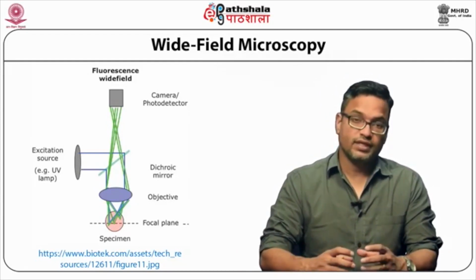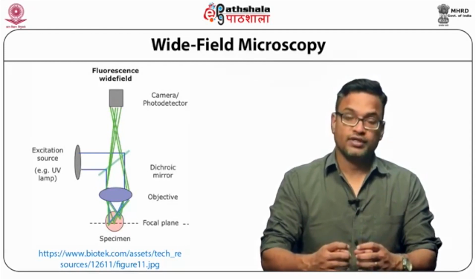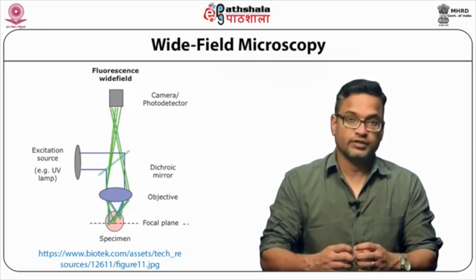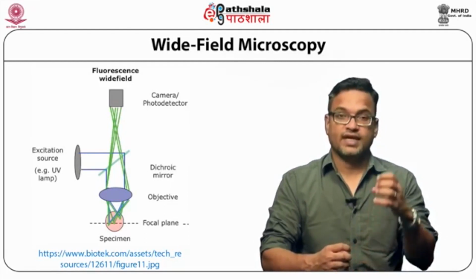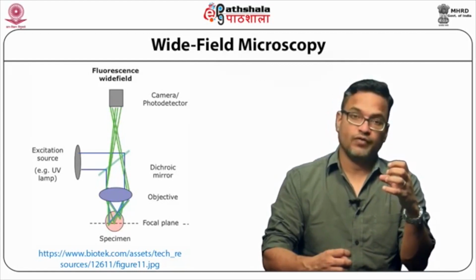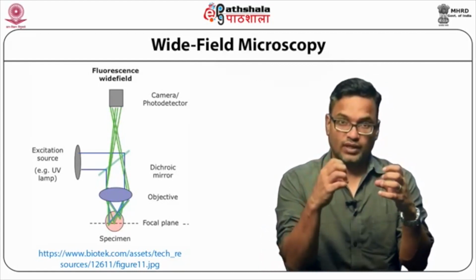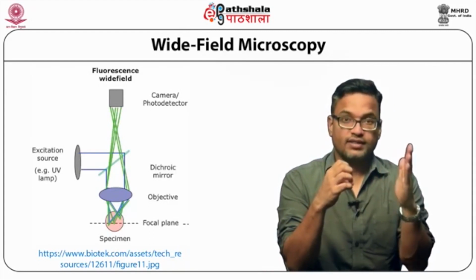So in this method, what we are trying to understand, and especially what it is used to understand, is whether two molecules are in close proximity or not. If they are, what will happen in this case is that we excite one fluorophore for which we know the kind of wavelength we need, but the other fluorophore is not getting excited by that wavelength.